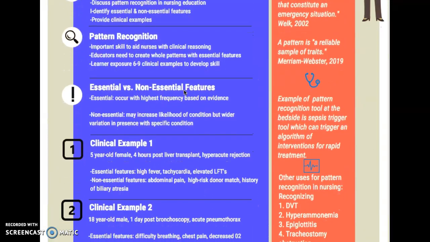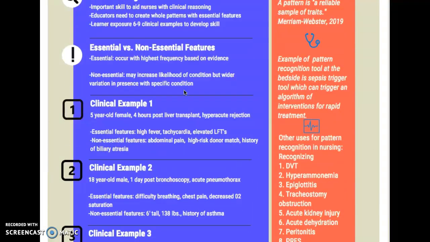So I was thinking about the use of pattern recognition where I work, as far as things that we already have in place that utilize pattern recognition that I wasn't really thinking about in the past. I realized that the bedside sepsis trigger uses pattern recognition that has been electronically embedded in our assessment tools.